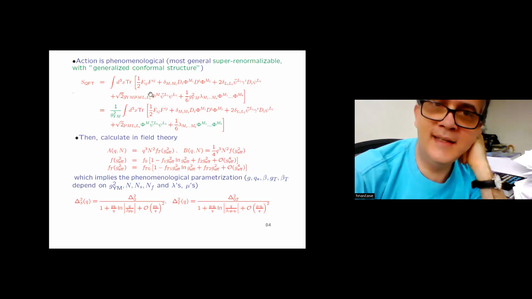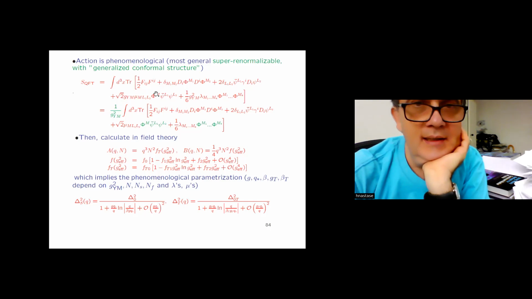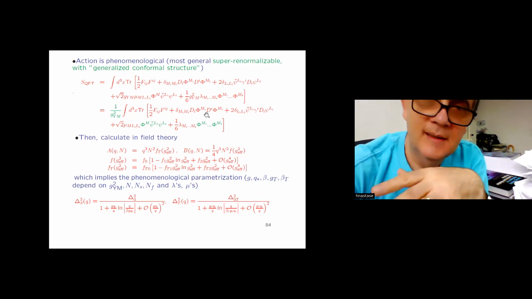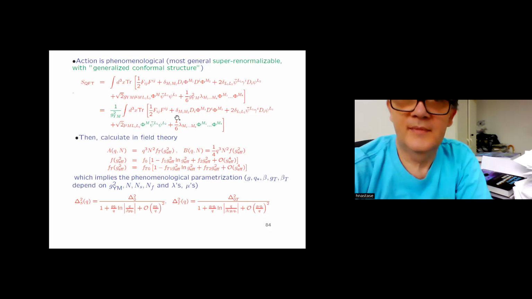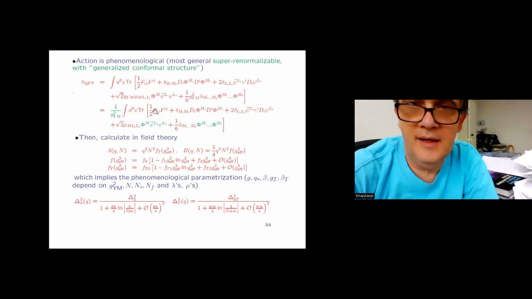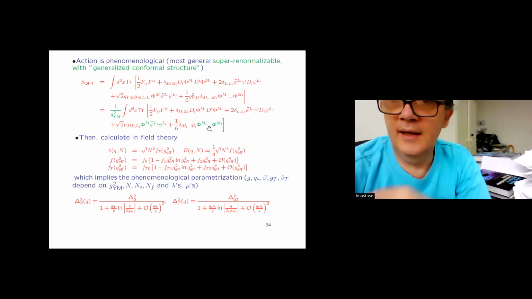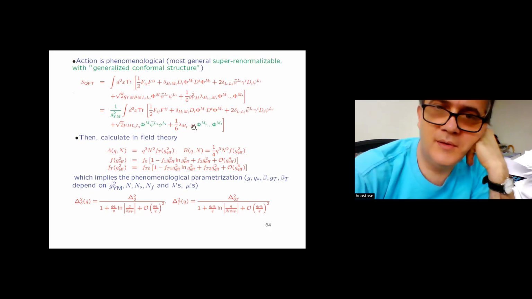Another way of saying it is that if I now rescale, if I write the action in the form with 1 over G squared Yang-Mills in front and then no other G Yang-Mills in the action, the thing that multiplies it doesn't have any dimensionful parameters, right? So I write it like this, then I have the kinetic terms and these Yukawa and phi-4 terms with dimensionless coefficients.